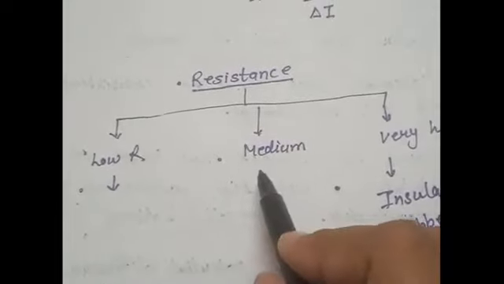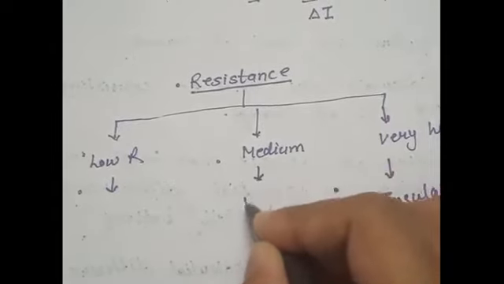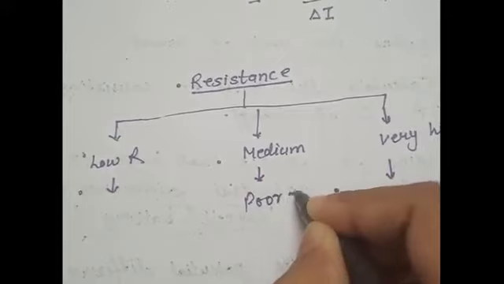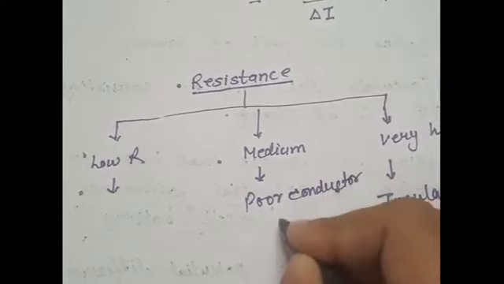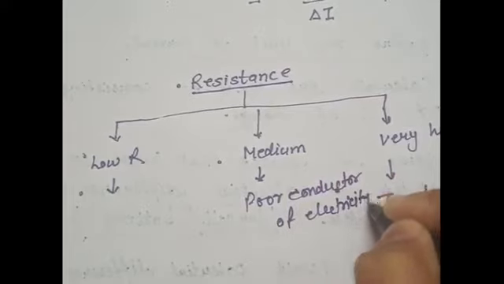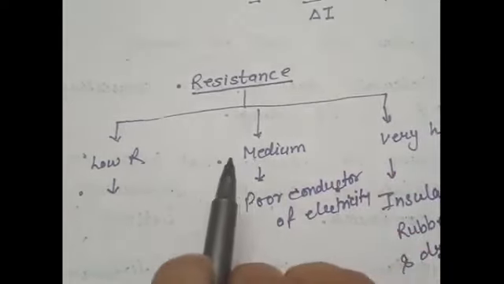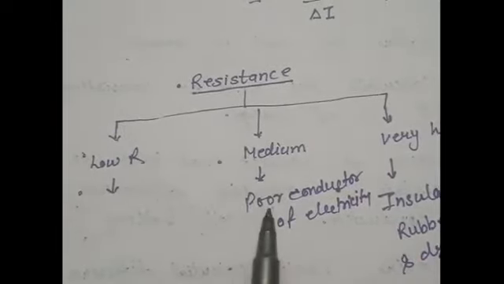The materials with medium or high resistance are poor conductors of electricity. Why is it so? Because when the resistance increases inside a material, what happens?